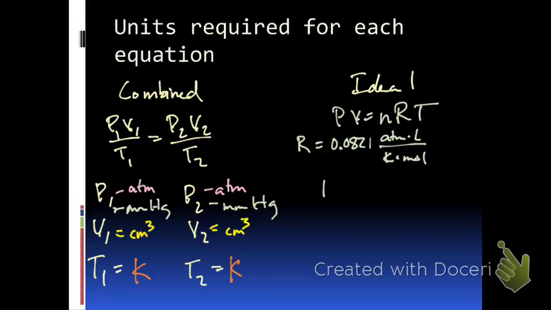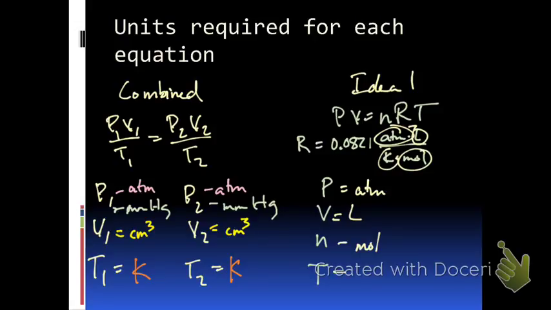So therefore, my pressure has to be in atmospheres. Why? Because you see atmospheres in your R value. My volume has to be in liters, my n has to be in moles, and my temperature has to be in Kelvin.